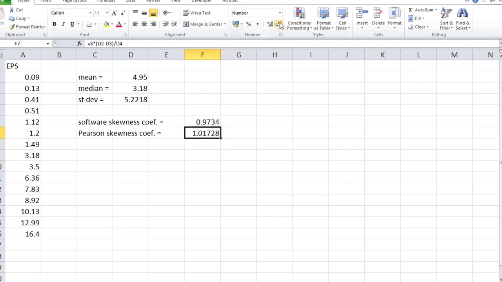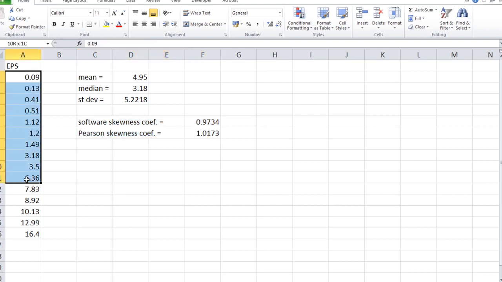And we got a skewness coefficient of 1.0173. Now, how do we understand these numbers? Well, if the data is positively skewed, the answers for these coefficients are going to be positive. And if the data is negatively skewed, the answers of these coefficients are going to be negative.